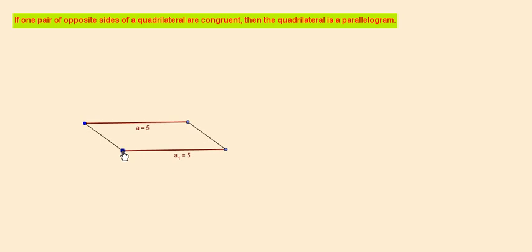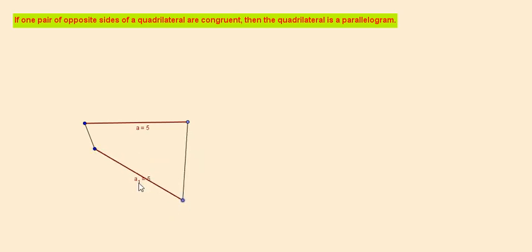If I move this around, sure enough, that looks like a parallelogram. Does that mean the statement is true? Well, to make this statement not true, all we'd have to do is provide one counterexample. A counterexample would be a quadrilateral with a pair of opposite sides that are congruent, but it's not a parallelogram. Let's see if we can create that out of the components we have here.